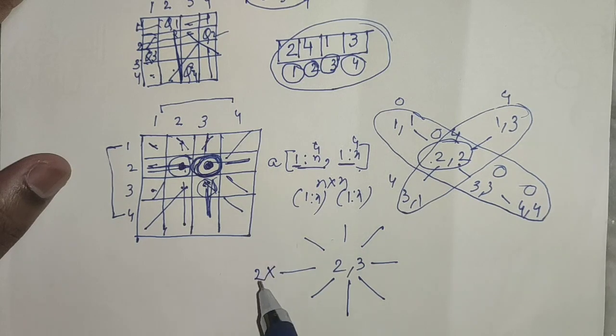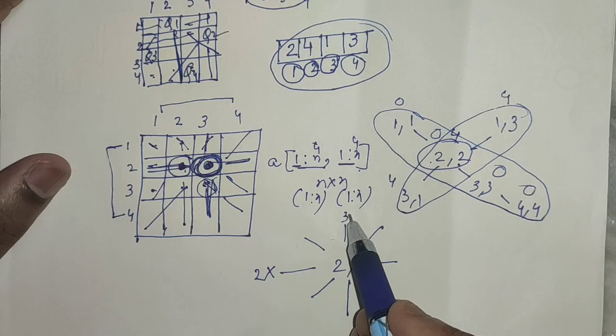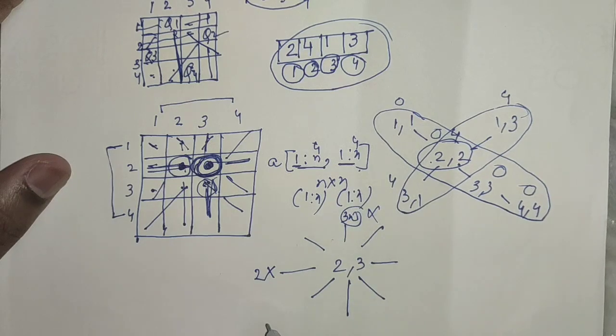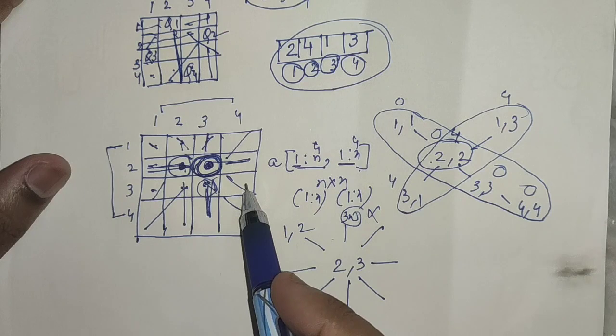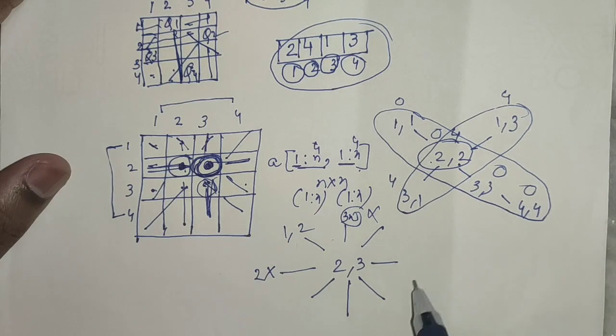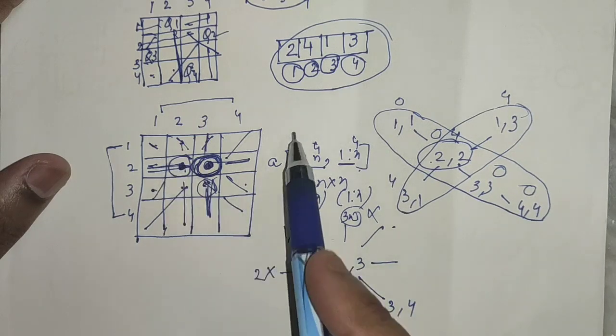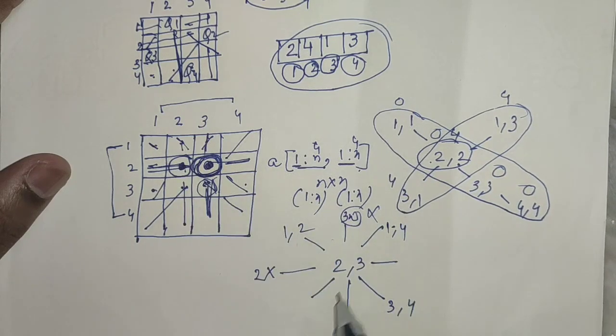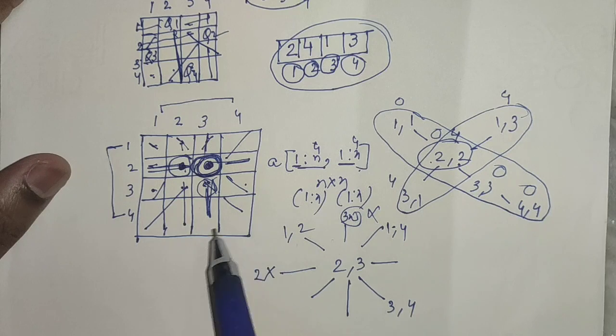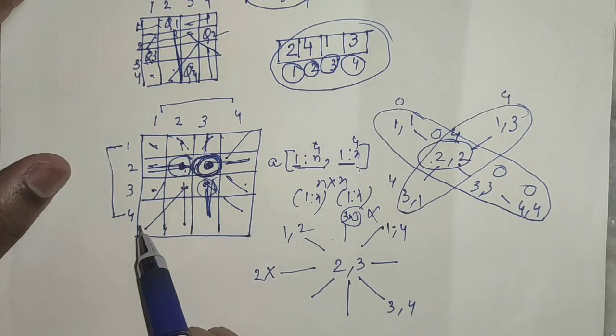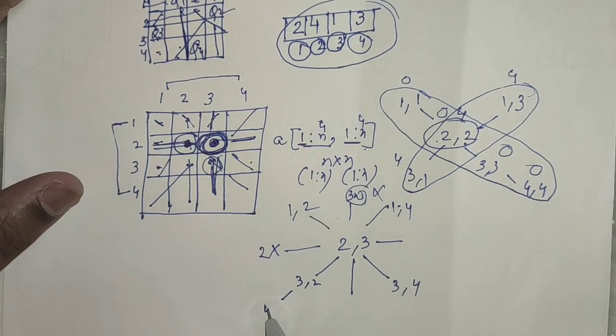Second row blocked, third column blocked. Then what about the diagonal positions? If it is 2 3, the diagonal is 1 2. This position is 3 4. This one is 1 4. This is 3 2 and this is 4 1.